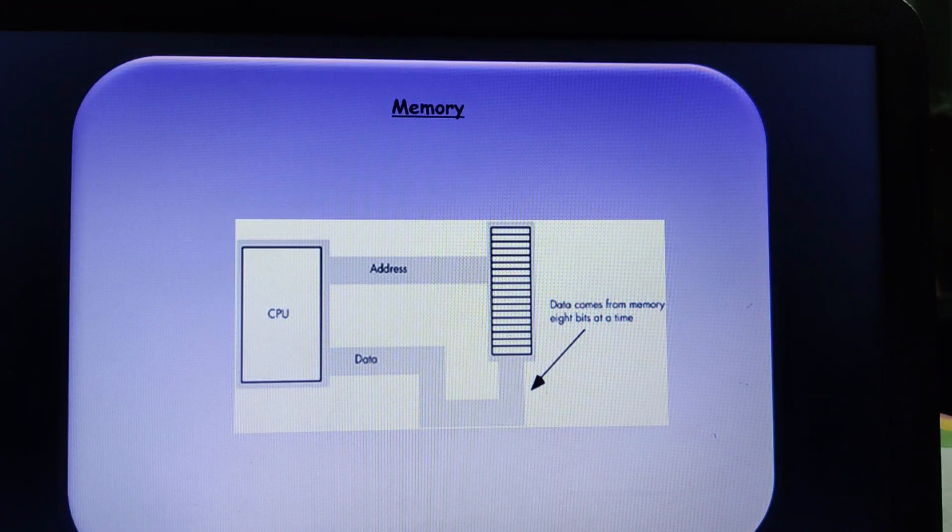The more wires there are, the more data the bus can carry, wherein each wire can carry only one bit of data at a time, isn't it? So if in the bus I have 64 wires, then I can transfer 64 bits of data at a time.